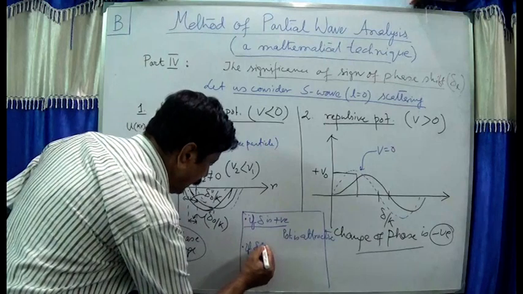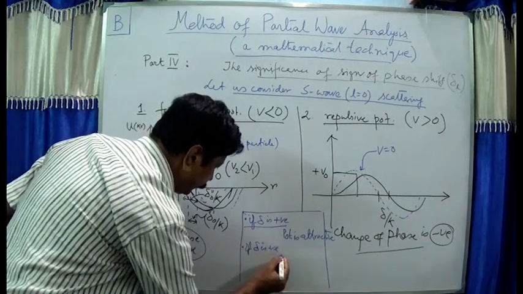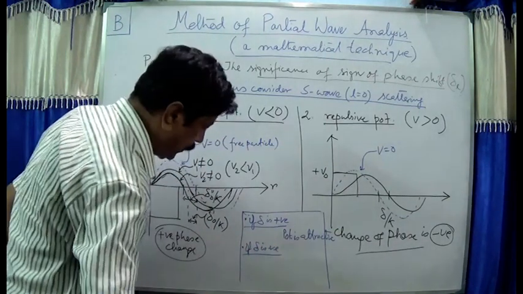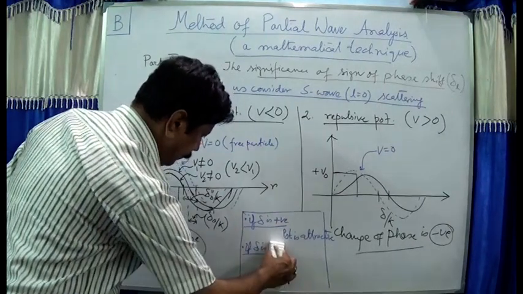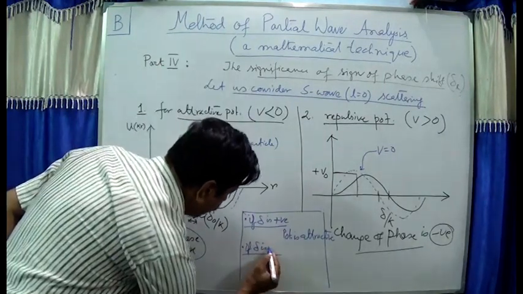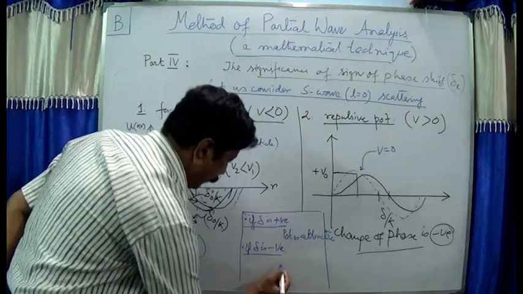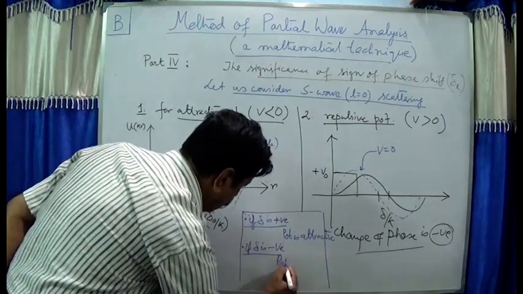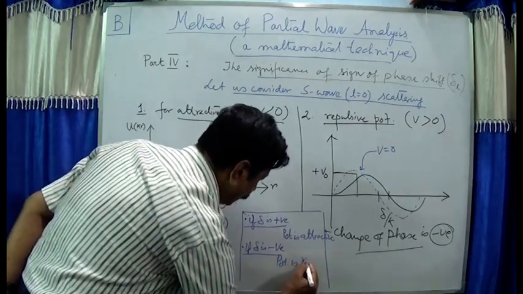If delta is negative, the potential is repulsive.